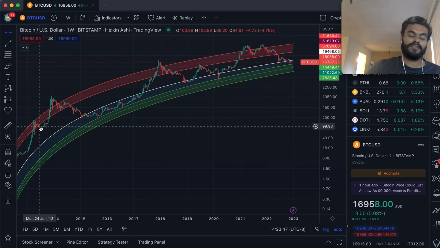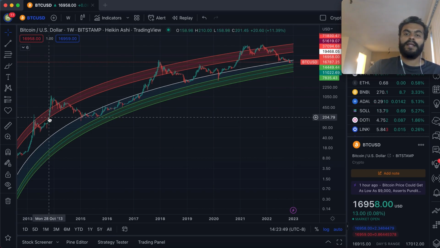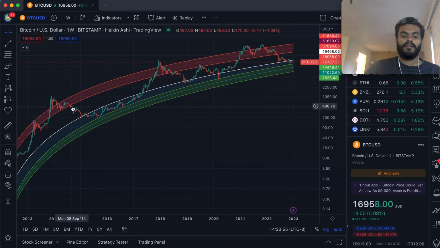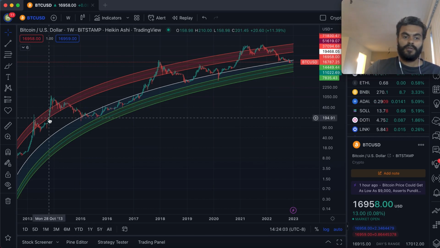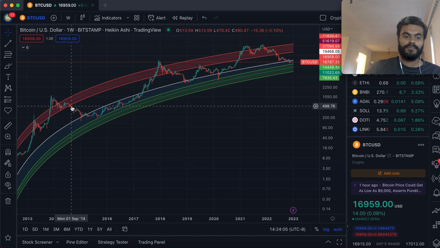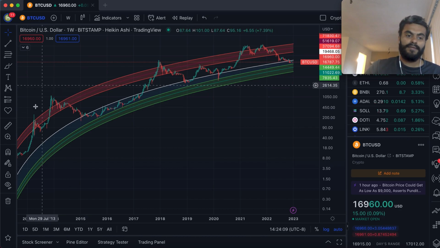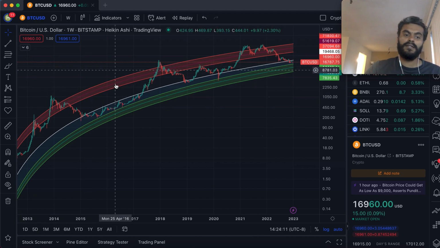So about 3 months it spent in this territory. Then it went into this band again in October of 2013, and it exited in September of 2014. So about 11 months, from October of 2013 to September of 2014. So 11 plus 3, 14 months in this cycle.